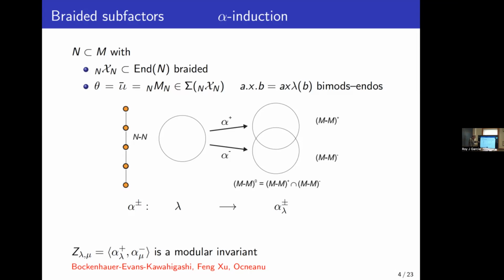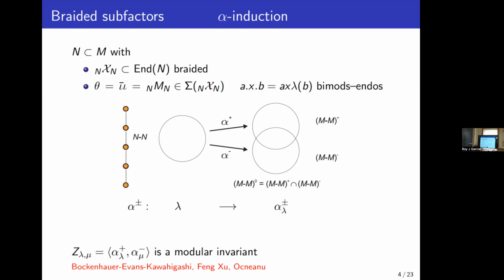And then you look at this in a product of alpha plus and alpha minus. That's basically taking alpha plus and alpha minus, decomposing into irreducibles, and counting the number of common multiplicities. So that's what you need. That's what you get in this section.